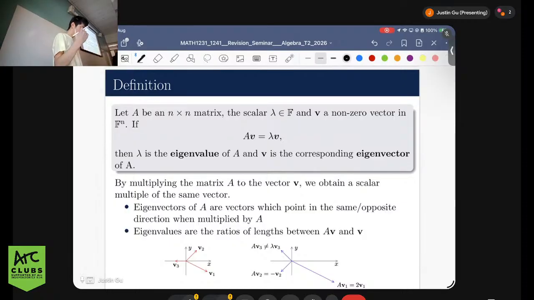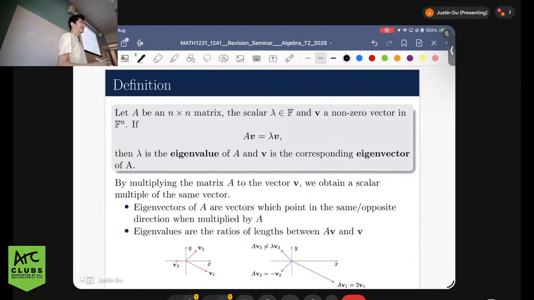Basically, eigenvectors are vectors such that if you matrix multiply that matrix with that vector, you'll just get back a scalar multiple of itself.